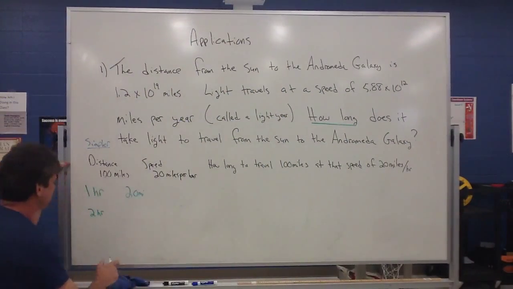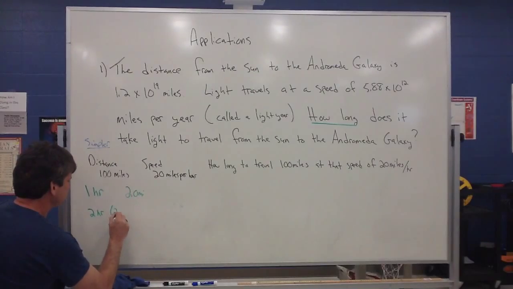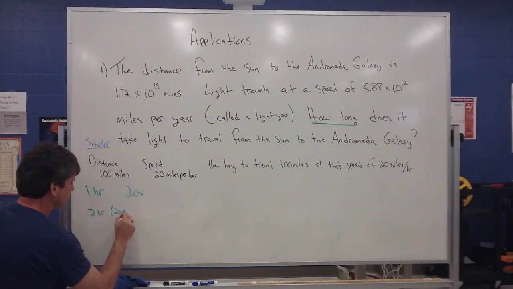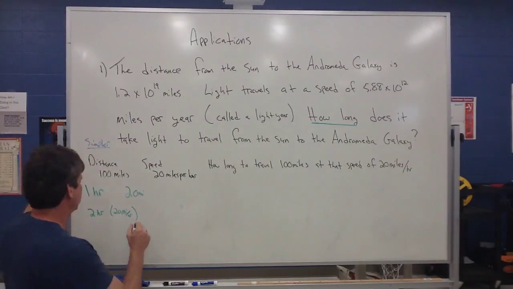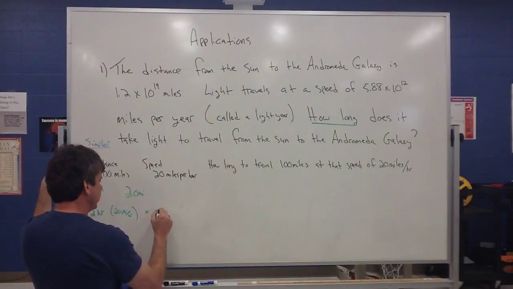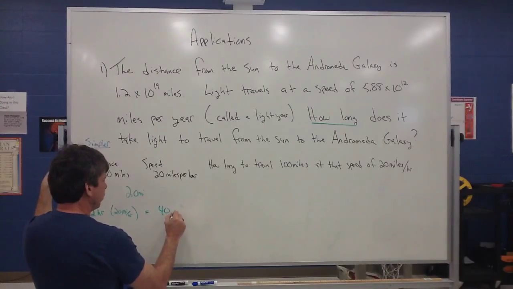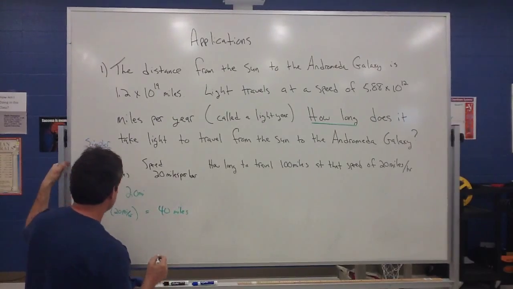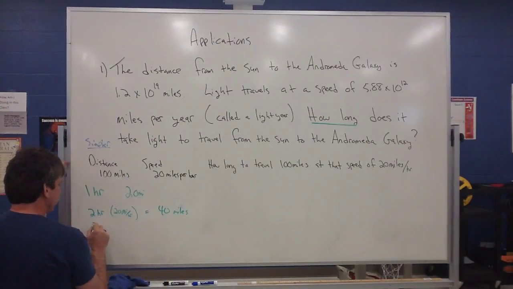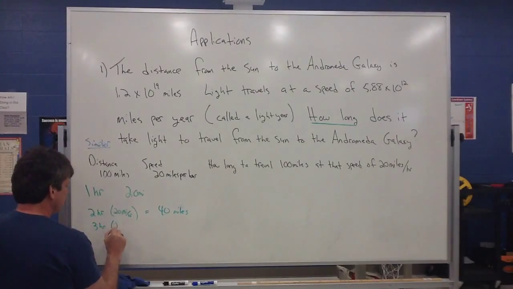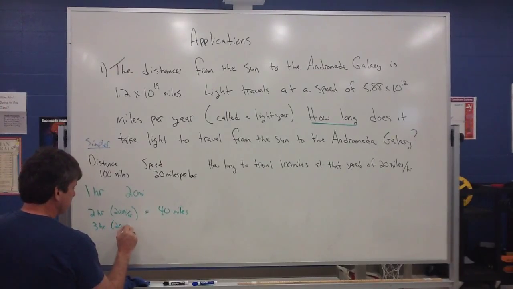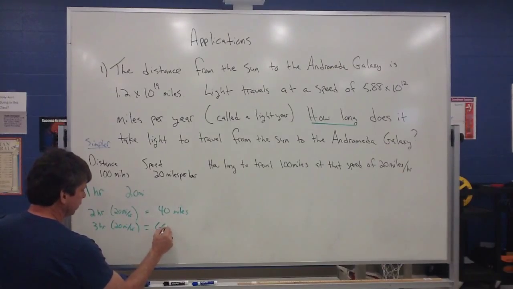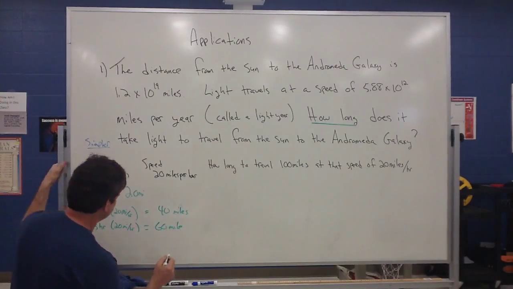So again, 2 hours, and remember I'm going 20 miles per hour. So that means I'm going to get basically a 20 and a 20, and that's going to give me a distance of 40 miles. So if I travel 3 hours, and again if I'm going 20 miles per hour, I'm kind of seeing that would give me a distance of 60 miles.